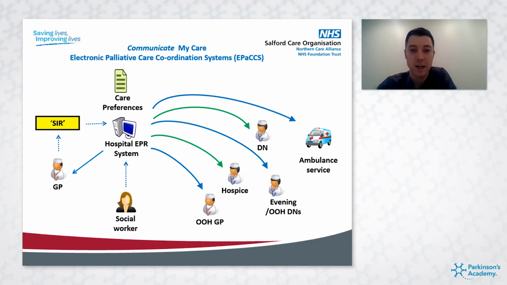So this is one way in which it can work. If we're completely honest, this doesn't always work seamlessly, but communicating it in some form, and making sure that patients' relatives particularly are aware, and have a paper document they can take to different care settings, is really key.